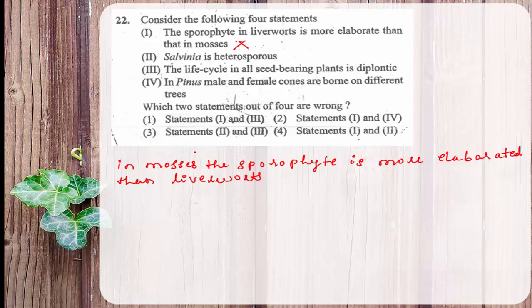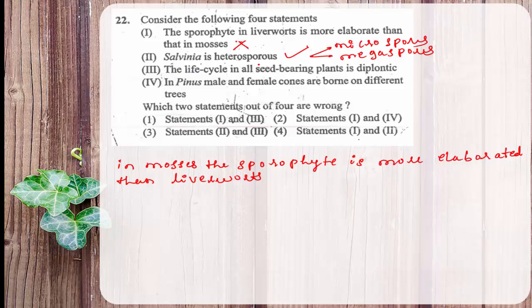Salvinia is heterosporous. Yes, this statement is right. It produces 2 types of spores, microspores and megaspores. Microspores on germination produce the male gametophyte and megaspores on germination produce the female gametophyte.